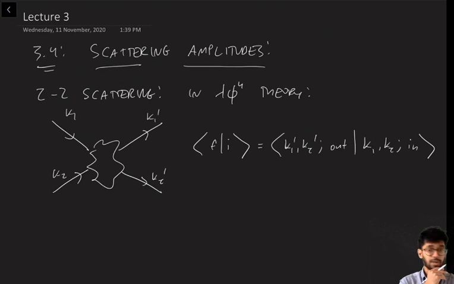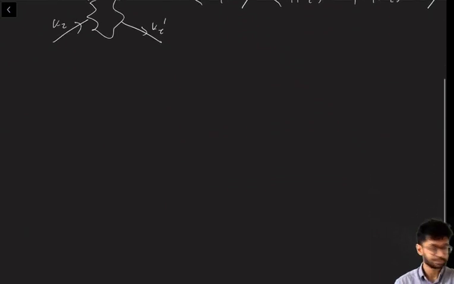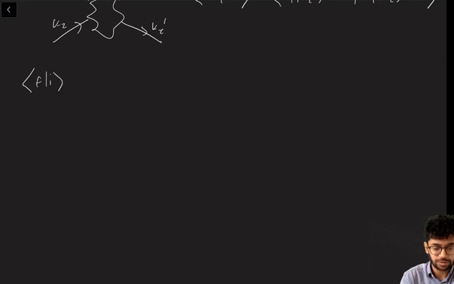Okay, so we know how to do this. We have in fact a very lengthy formula for exactly this. That formula is the LSZ formula, which in this context looks like this. The LSZ formula is that the inner product of f and I is the integral. I'm just reproducing a formula from earlier.